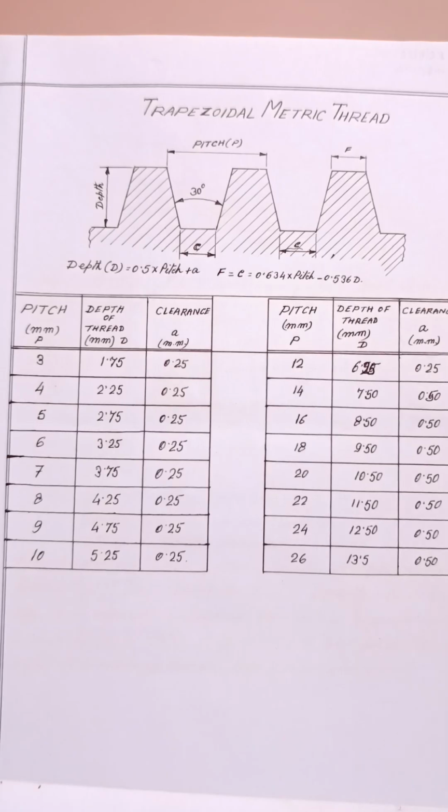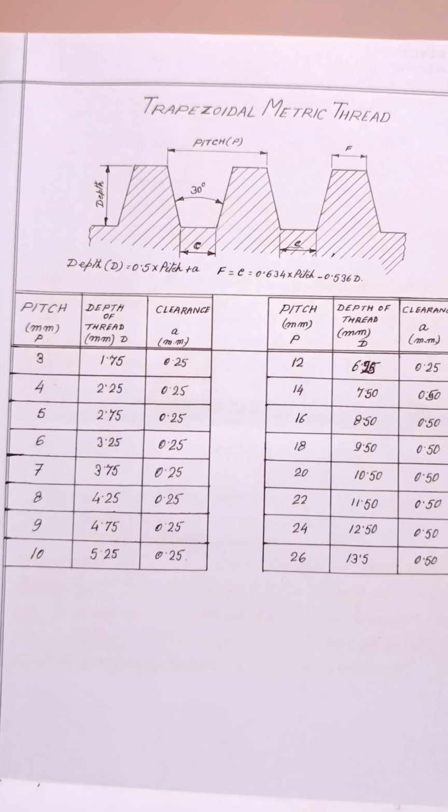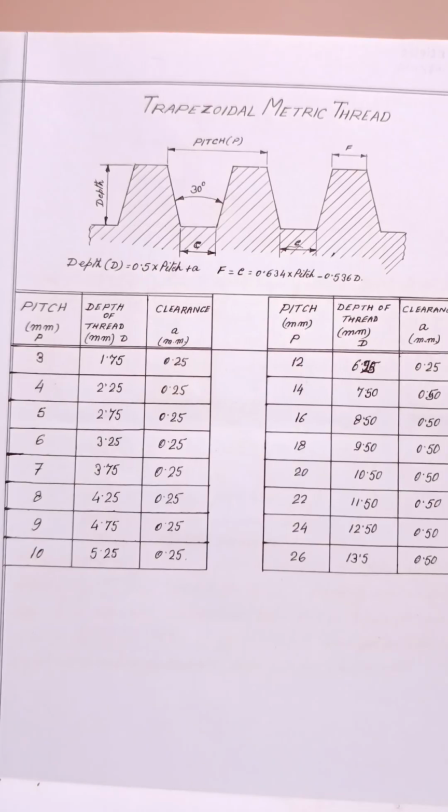So how to calculate the depth of the thread? The formula is given here. Depth D is equal to 0.5 into pitch of the thread, plus a, which means clearance. ACME or trapezoidal threads are manufactured just to move a body from one place to another, sliding over the bed of the machine.